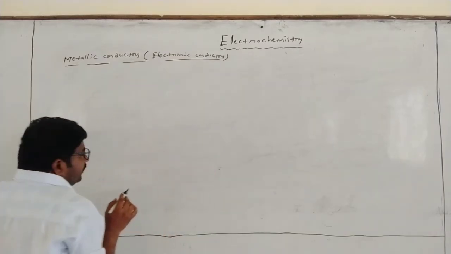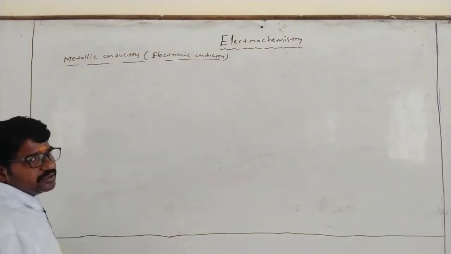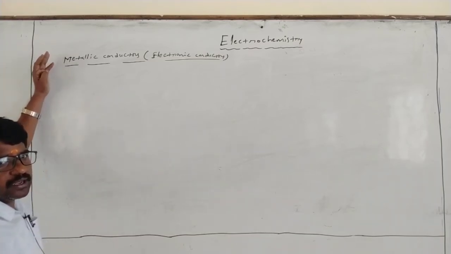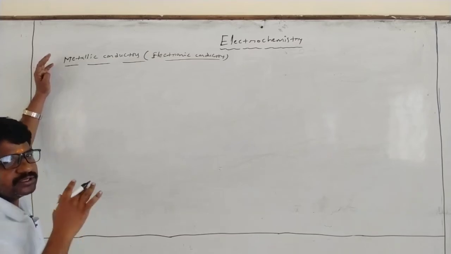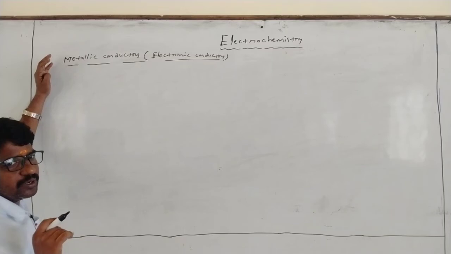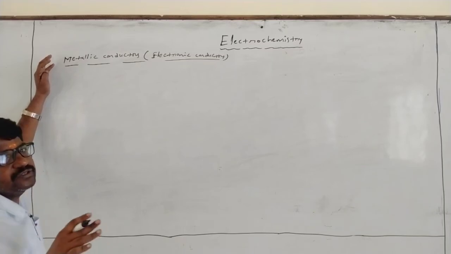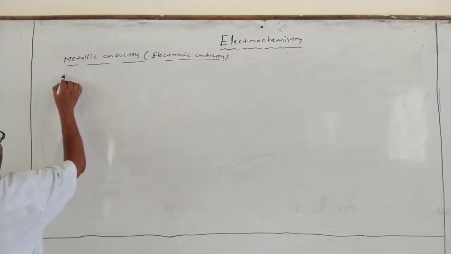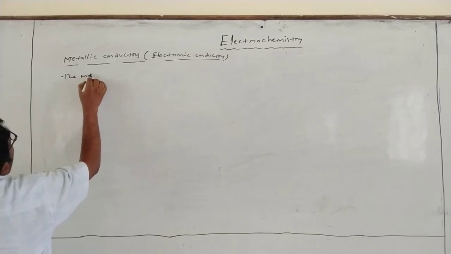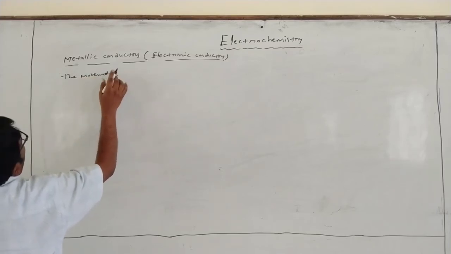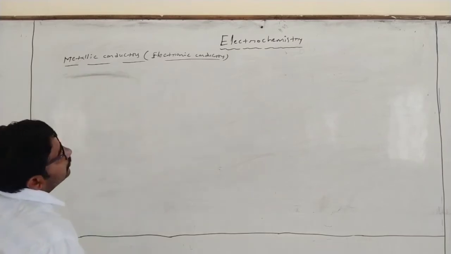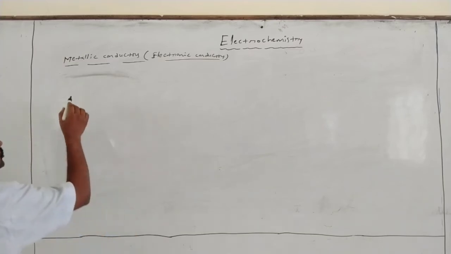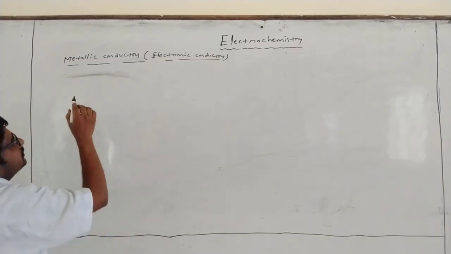How is the current produced? Due to the transfer of electrons. So the flow of current in metals is due to movement of electrons.